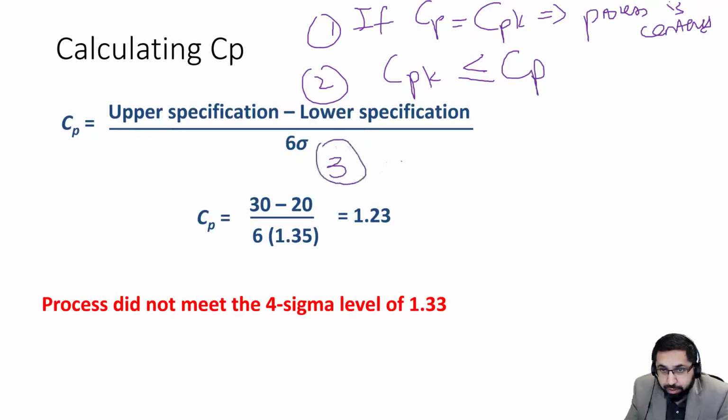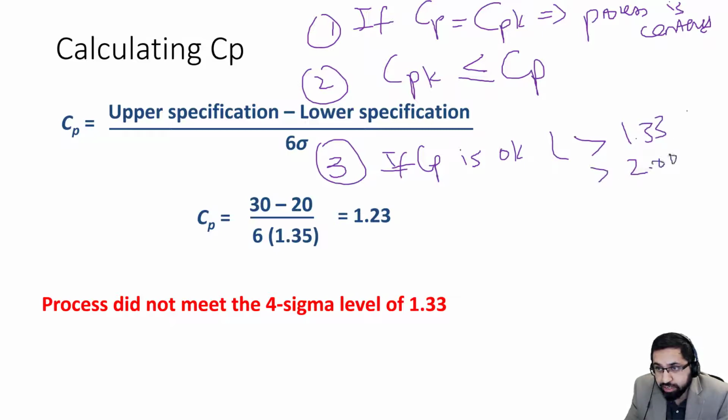Number three, if CP is okay, which means it's bigger than the 4 sigma threshold, or the 6 sigma threshold, whatever the level is. If the question says the process should be 4 sigma capable, you compare CP with 1.33. If the question says the process should be 6 sigma capable, you compare CP with 2.0.